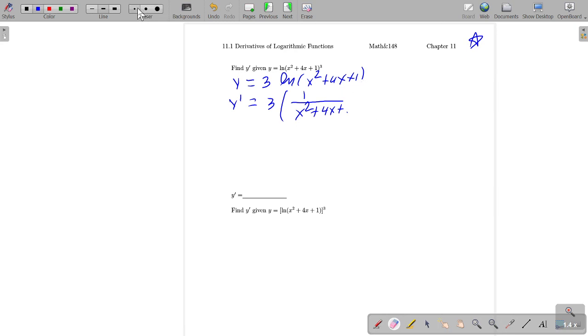And then the chain rule is 2x plus 4. So if I multiply that, I would get 6x plus 12 over x squared plus 4x plus 1.